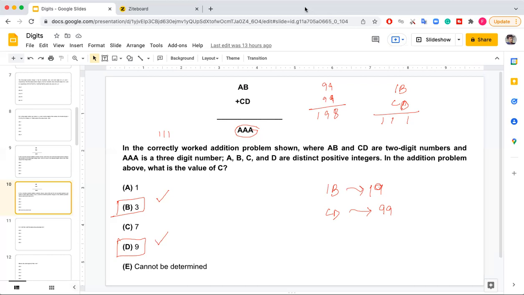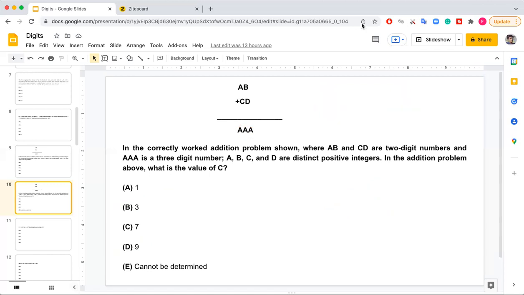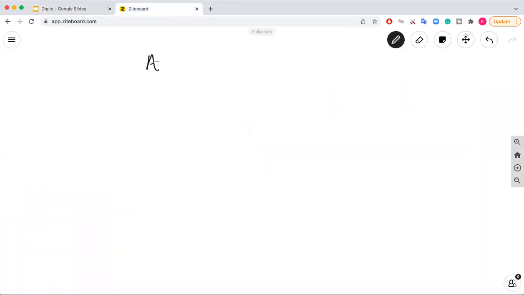Just repeat your point, what you are saying. Okay, let me explain this now. We have 1B and CD, which sum to 111, right?